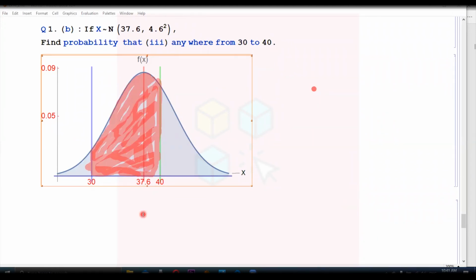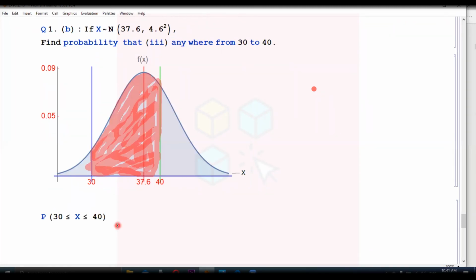Now we have to write the probability for 30 to 40. So write it in such a way: 30 less than or equal to X, capital X, less than or equal to 40, which is required. So first of all, we have to convert 30 and 40 into the Z scale.